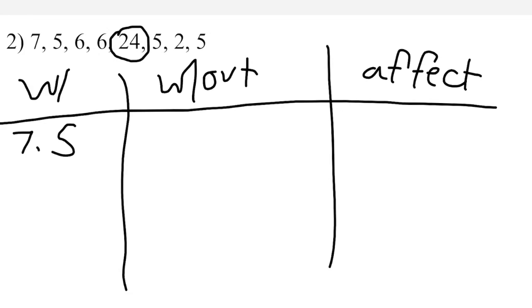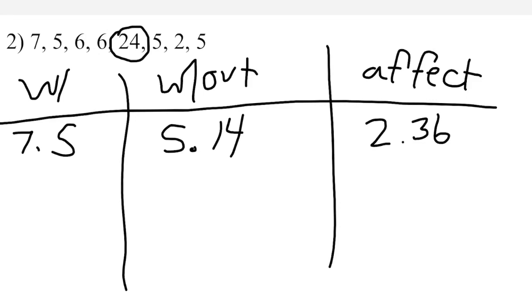Without the outlier, I can just go back to my sum of 60 and minus 24, and then divide by 7 instead of 8. And so it's approximately, you have to round it, 5 and 1400ths. And then we can subtract 7 and 5/10 minus 5 and 1400ths. It has an effect of 2 and 3600ths.